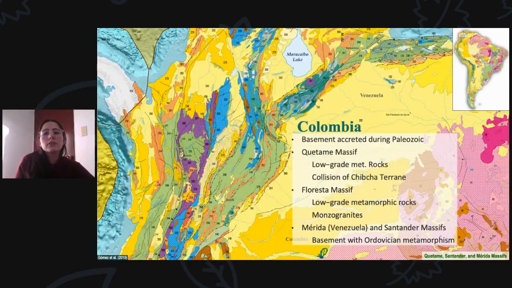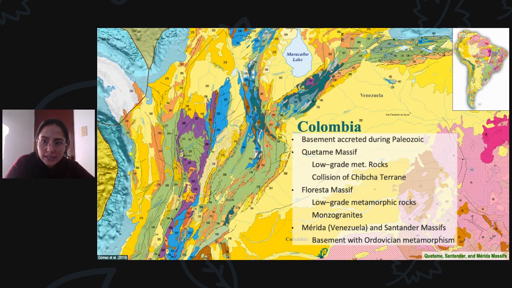Further to the north, we find the Ordovician rocks in the Santander, Quetame, Floresta, and Mérida massifs. These massifs are located in the Eastern Cordillera of Colombia, which is right here, and the Mérida Andes of Venezuela. The basement of the Eastern Cordillera has been interpreted as an allochthonous terrain that was accreted to the Gondwana proto-margin by the end of the Ordovician. The Quetame Massif is composed of low-grade metamorphic rocks, whose formation has been interpreted as a result of the accretion of the allochthonous Chibcha terrain.